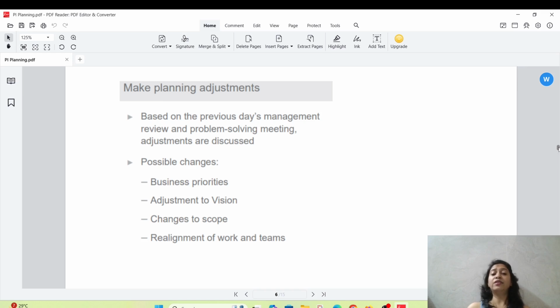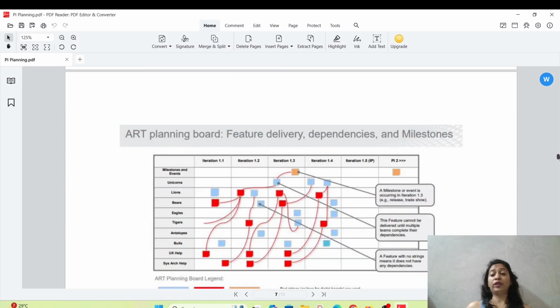In the second day's management review and problem-solving meeting, adjustments are discussed. Possible changes include business priorities, adjustment to the vision, changes to the scope, and realignment of work and teams according to the goal. This is all about the second day.